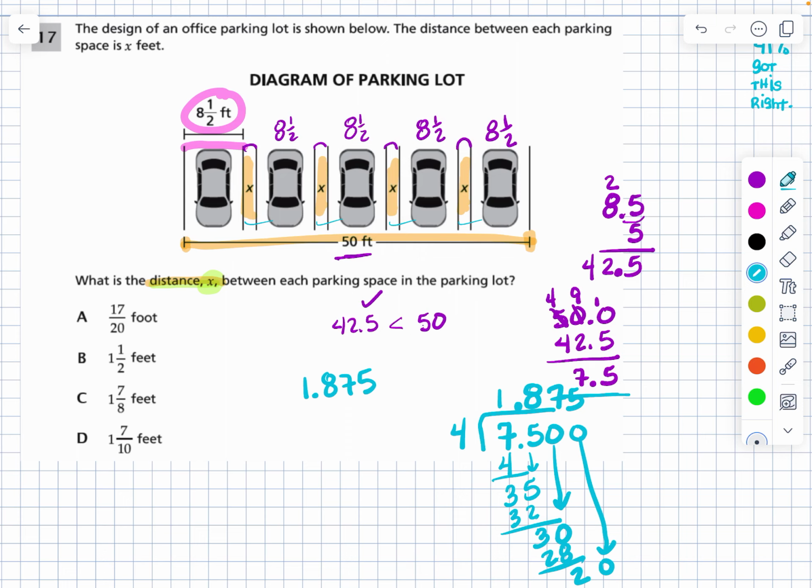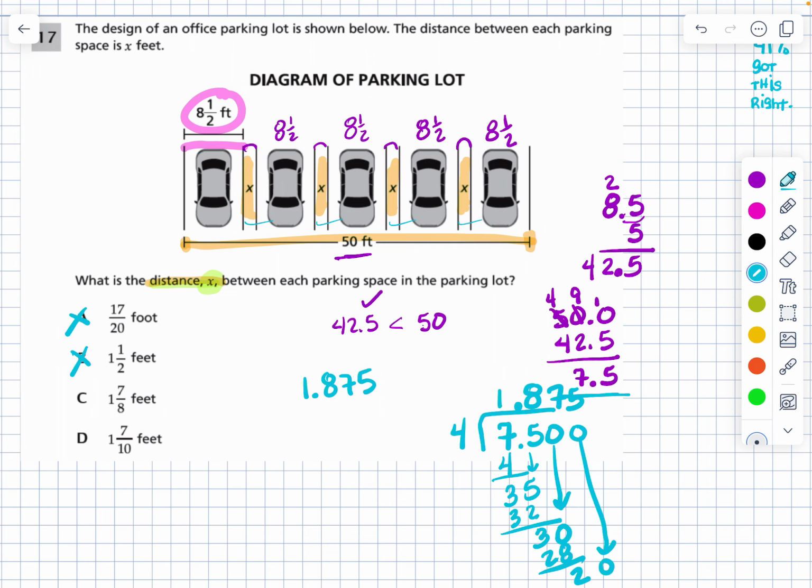So now what do we do? Well, we know 1.875 is not 1.5. So it's not that one. It's not 17 over 20 because that's less than 1.